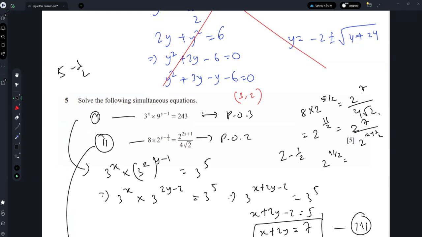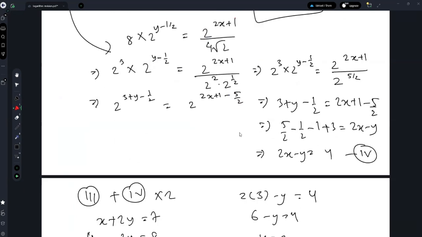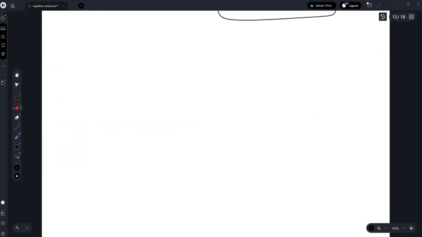Yeah, that's 3 by 2, not 5 by 2. So that's 3 by 2. So therefore, we get 2 cubed. 3 plus 3 by 2 is going to be 9 by 2. So therefore, we get 2 to the power 9 by 2. That's not better. No need to care about that, but that is just to check if it satisfies.